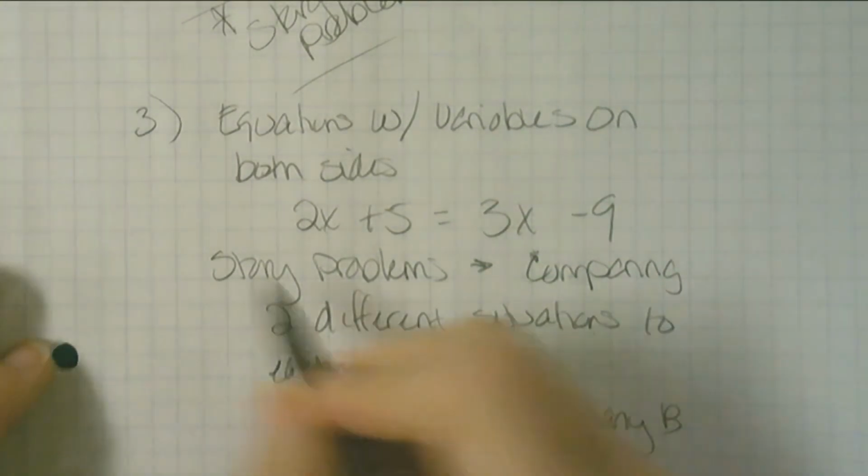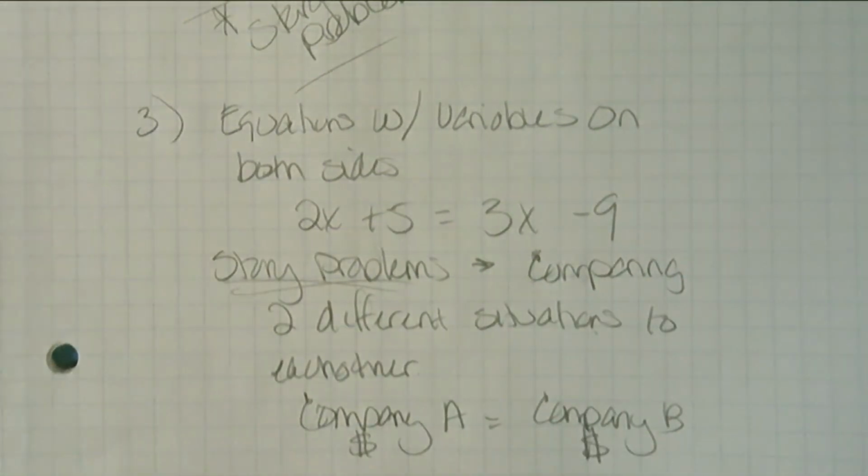Okay, so definitely look at those. These story problems for your equations are going to be exactly the same story problems for your inequalities. The only difference is that instead of saying the total cost is, they're going to say the total cost is no more than.